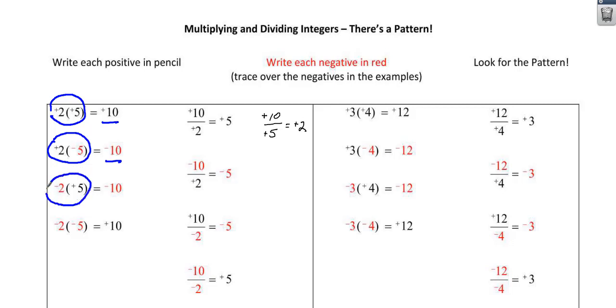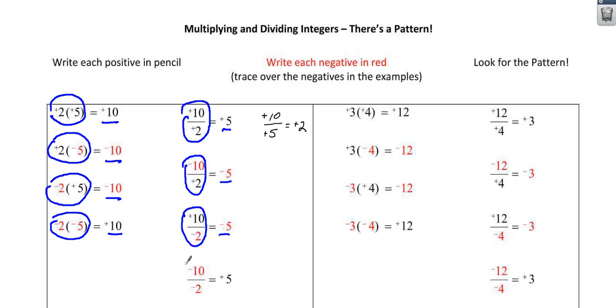The signs of these and the sign of that, and the signs of these and the sign of that. In division, we're looking for the pattern in the signs of these and the signs of the answer. That was a terrible circle. So pause for a minute and look to see if you find a pattern.